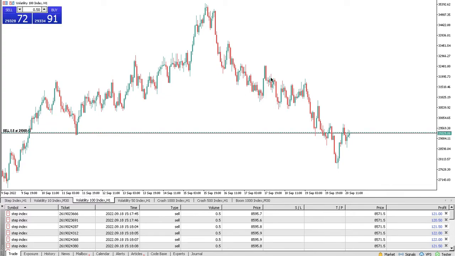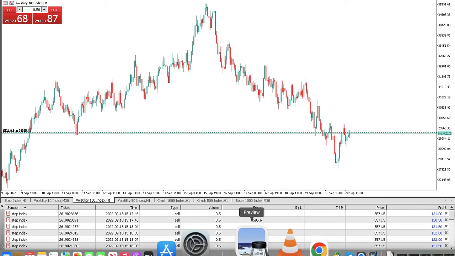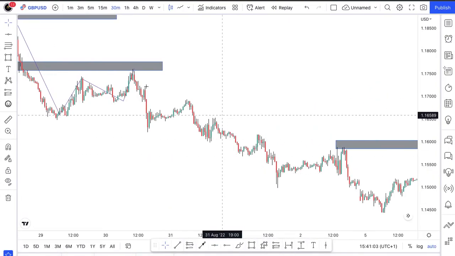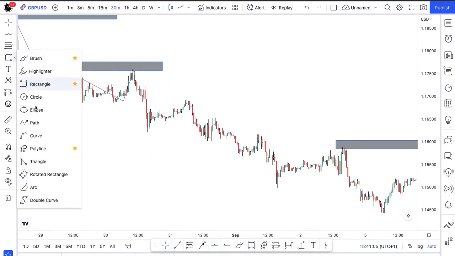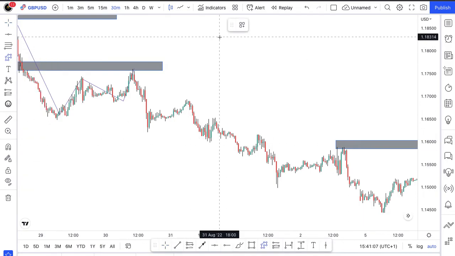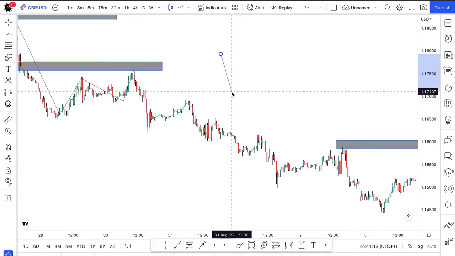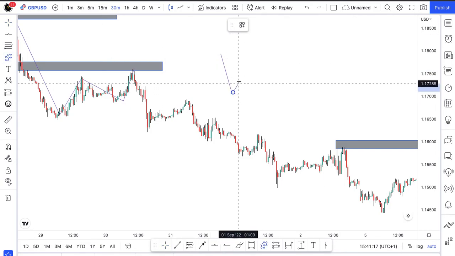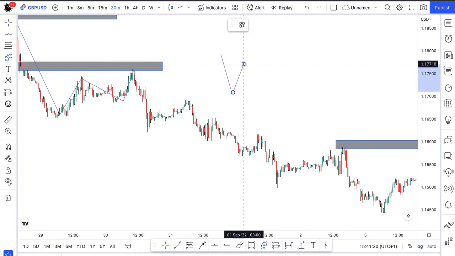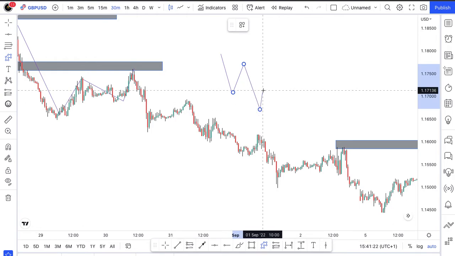There's one where price will do something like this. It will come down like this, then it will break up, come down, go up again, then it will break below. Then a retest of this zone.